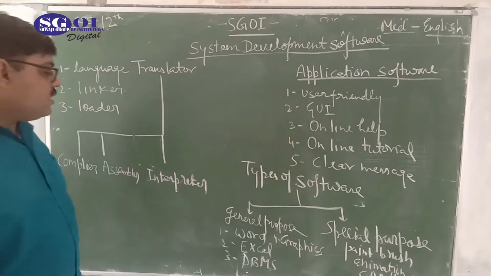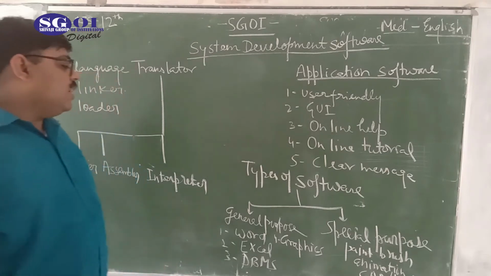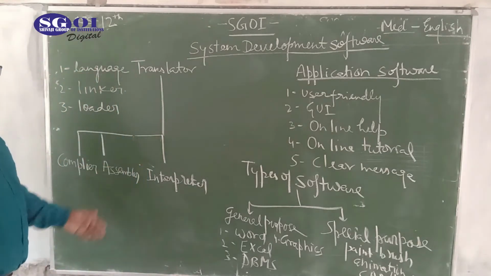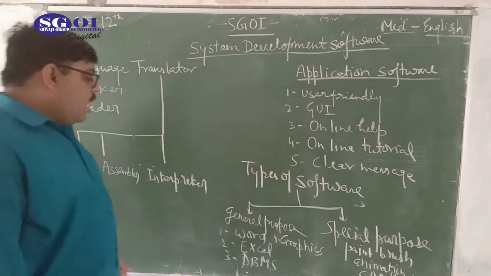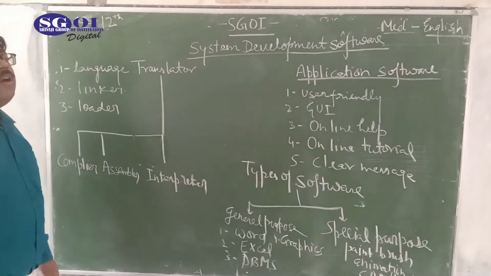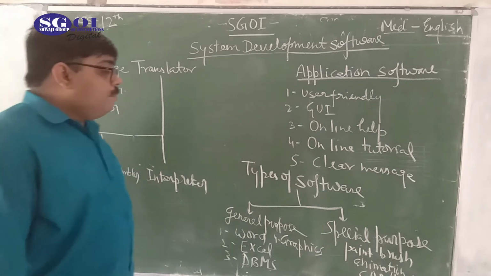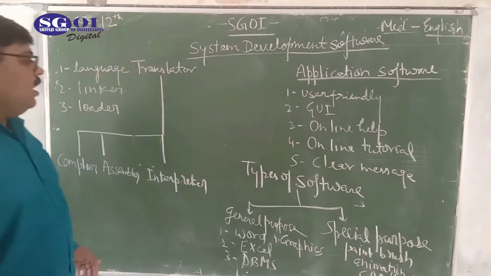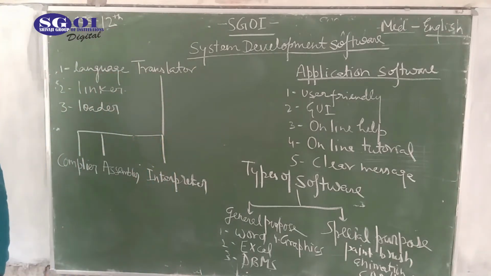Examples of general purpose softwares are MS Word, MS Excel, MS PowerPoint, DBMS and graphics software. We can make a powerful presentation with them.